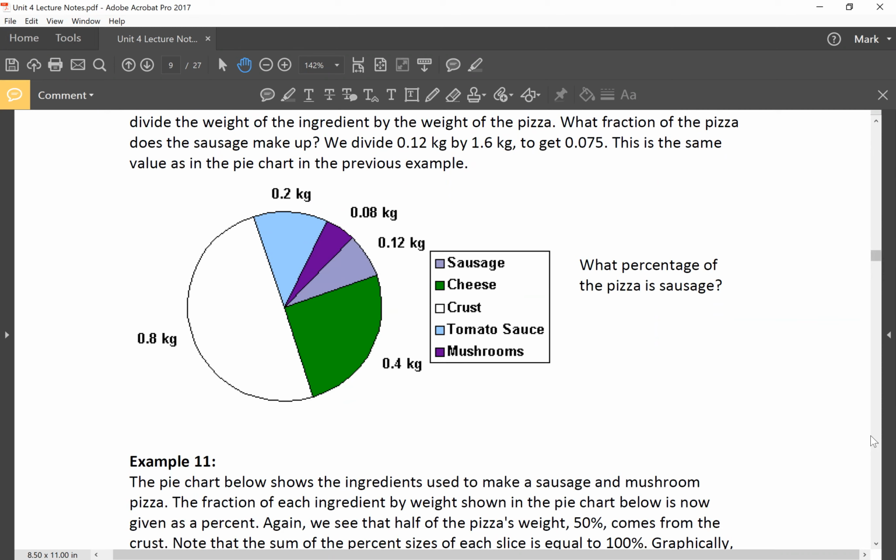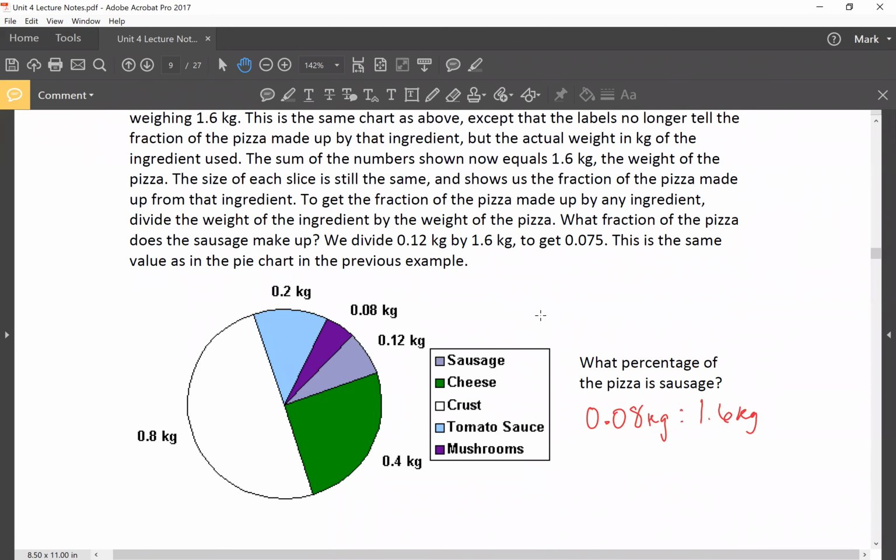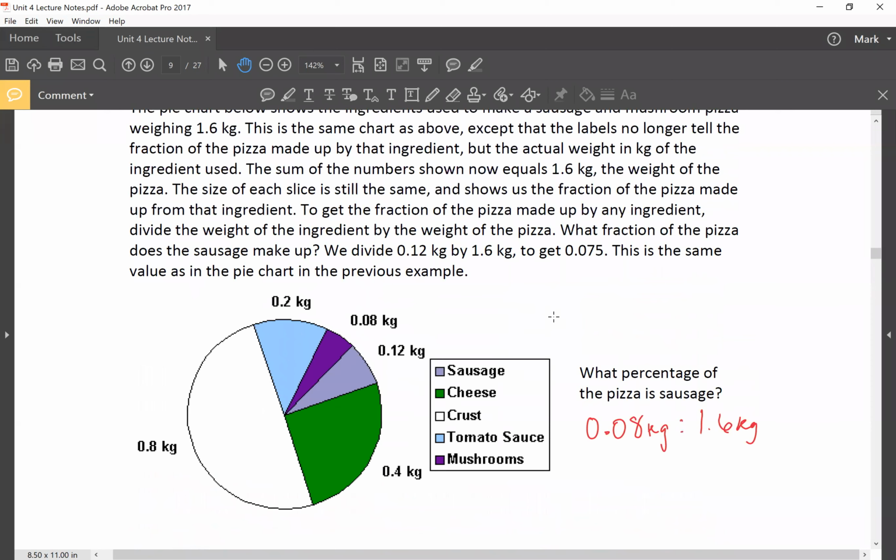Well, my ratio of sausage is 0.08 kilograms to 1.6 kilograms of pizza. That's my ratio. If you're wondering where the 1.6 comes from, it's here. You could also get the 1.6, guys, by adding up all of these.